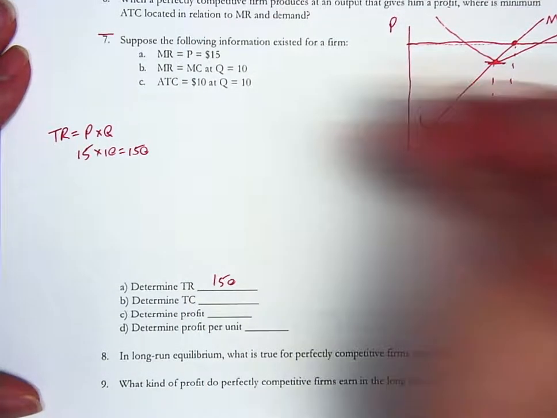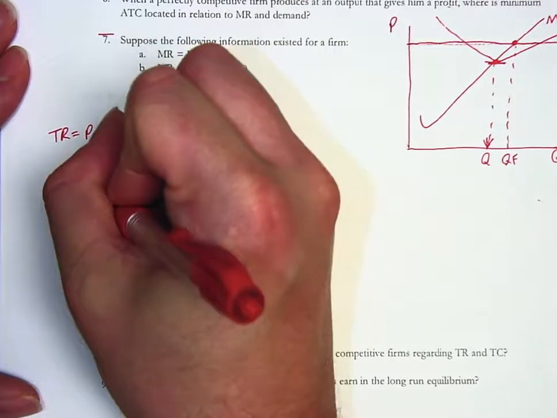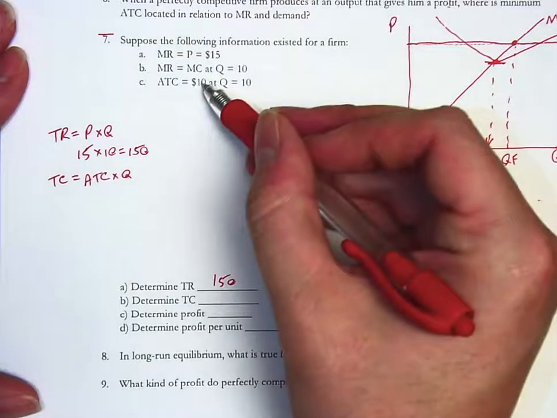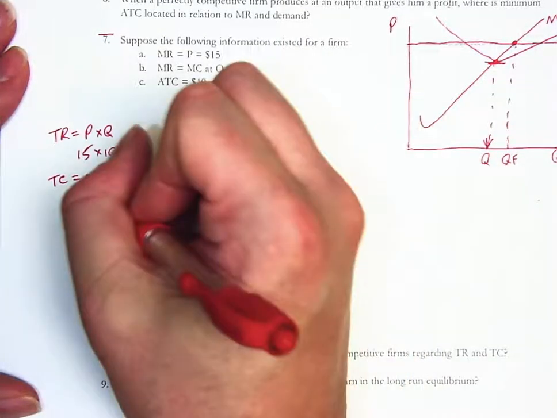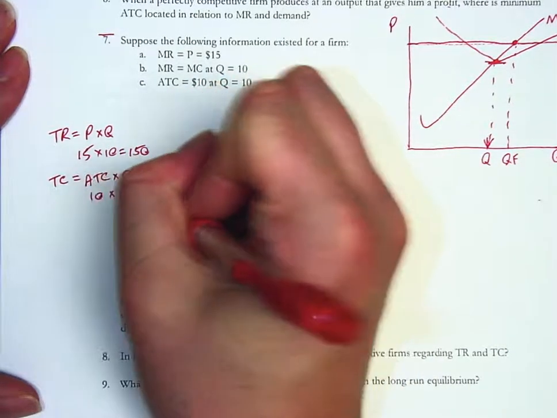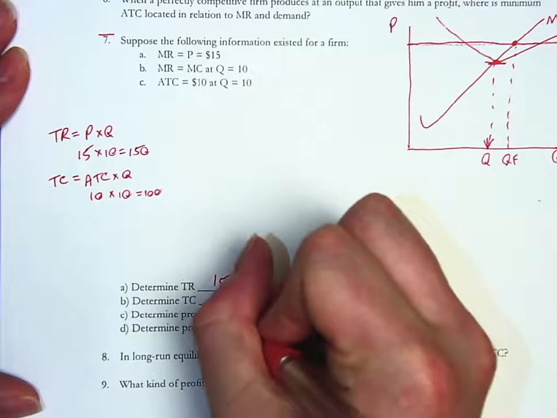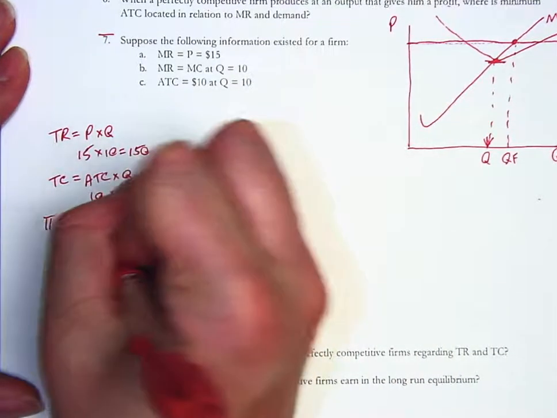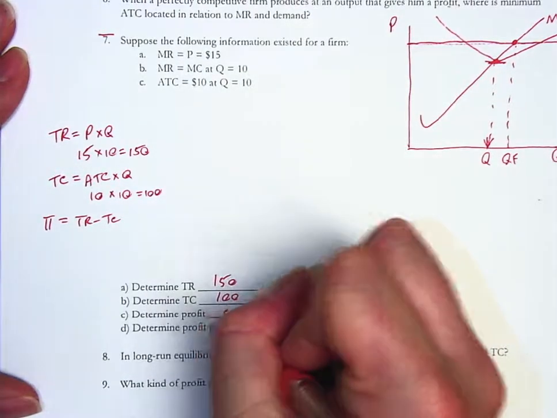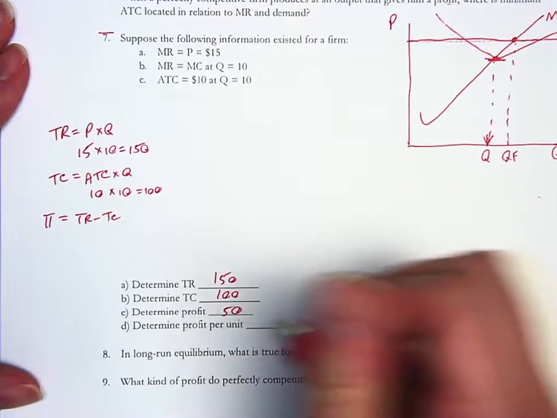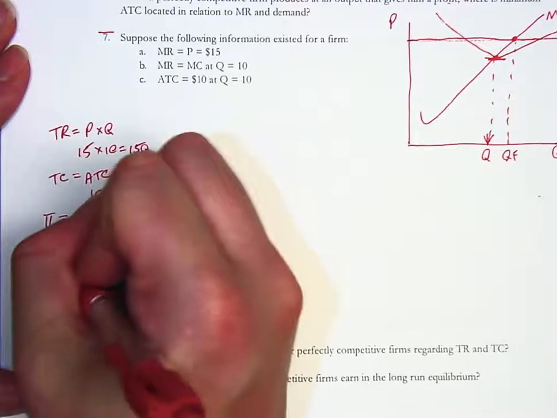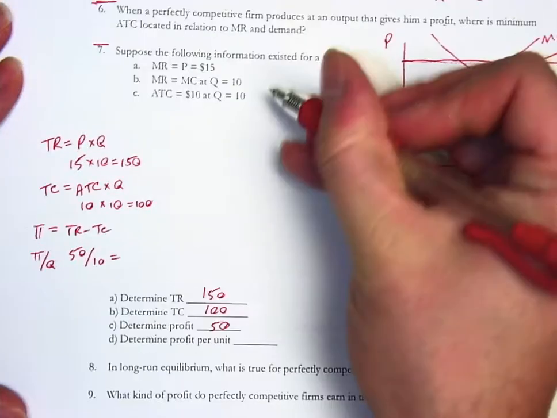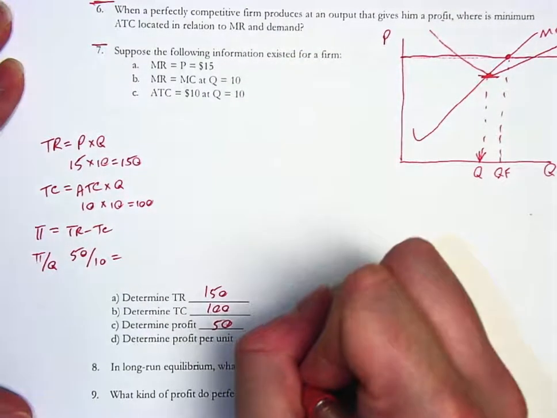If we want to determine TC, TC is the average total cost times the quantity, and the average total cost is 10 at quantity 10, so 10 times 10 equals 100. And we know that profit is TR minus TC, so that's just 50. And the profit per unit is that divided by the quantity, so 50 divided by 10, because we're producing 10 units, so that's 5.